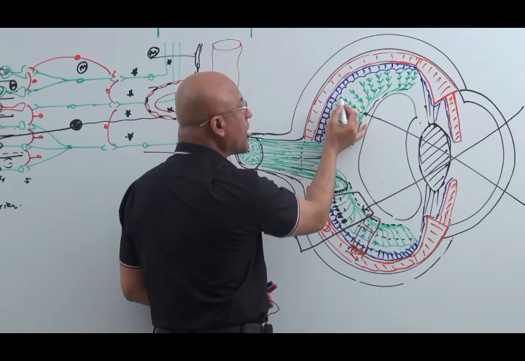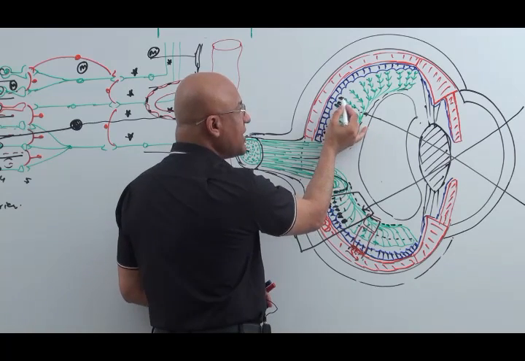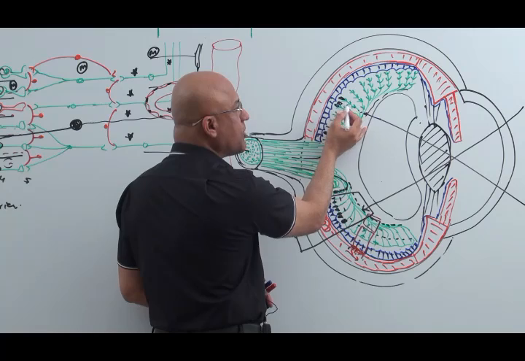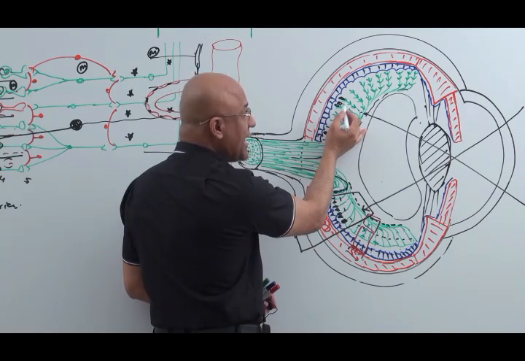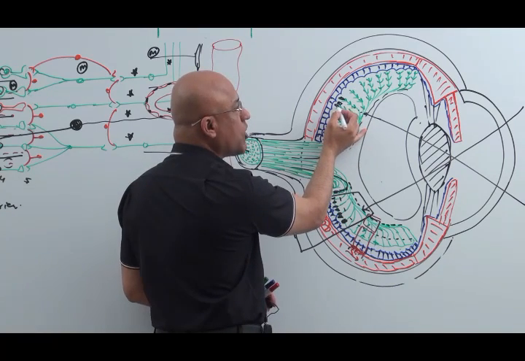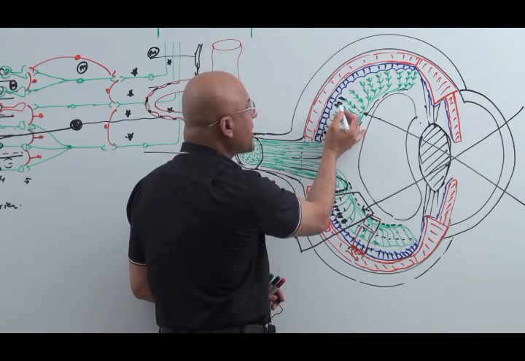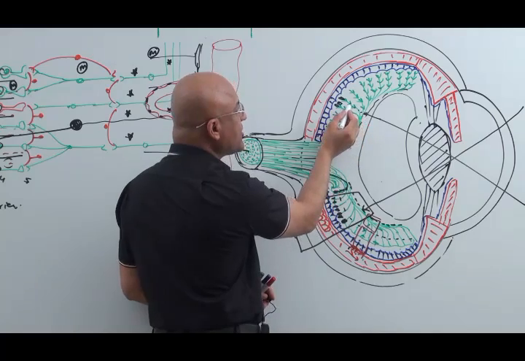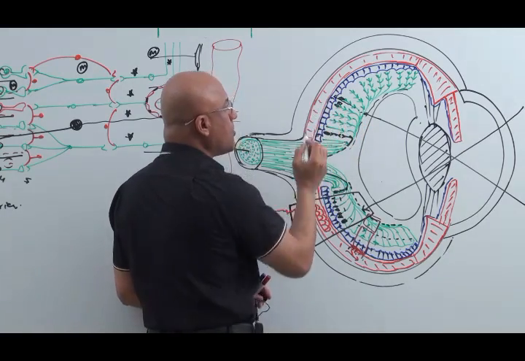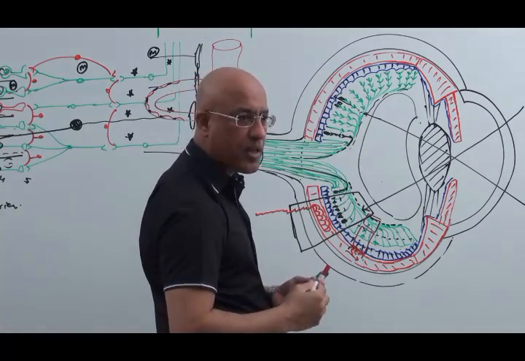Eventually it will reach the rods and cones, and light will activate them and produce nerve impulses, right? Rods and cones are the cells which convert the optical image into retinal neuronal activity. But the extra light which is passing through should be absorbed by the retinal pigment epithelium.